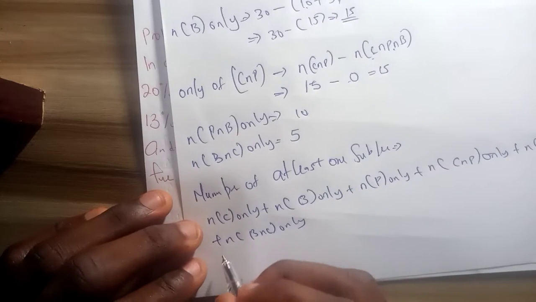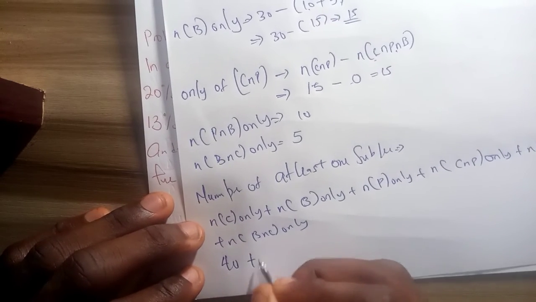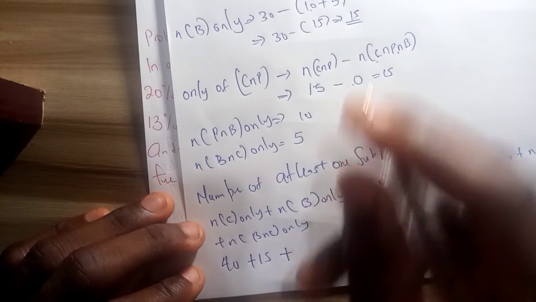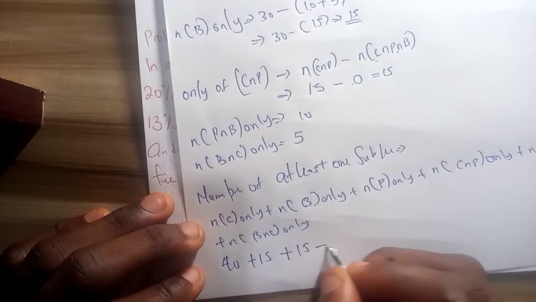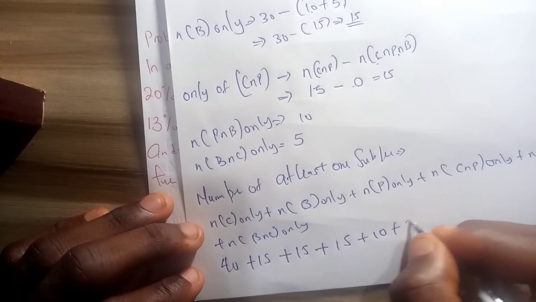So what's the next thing? You have 40 plus 15 plus 15 plus 15 again plus 10 plus 5.